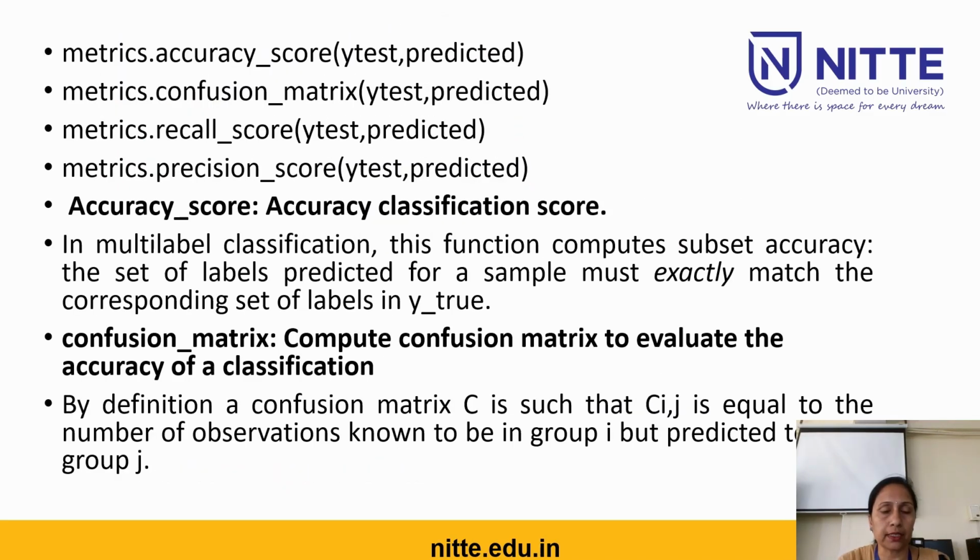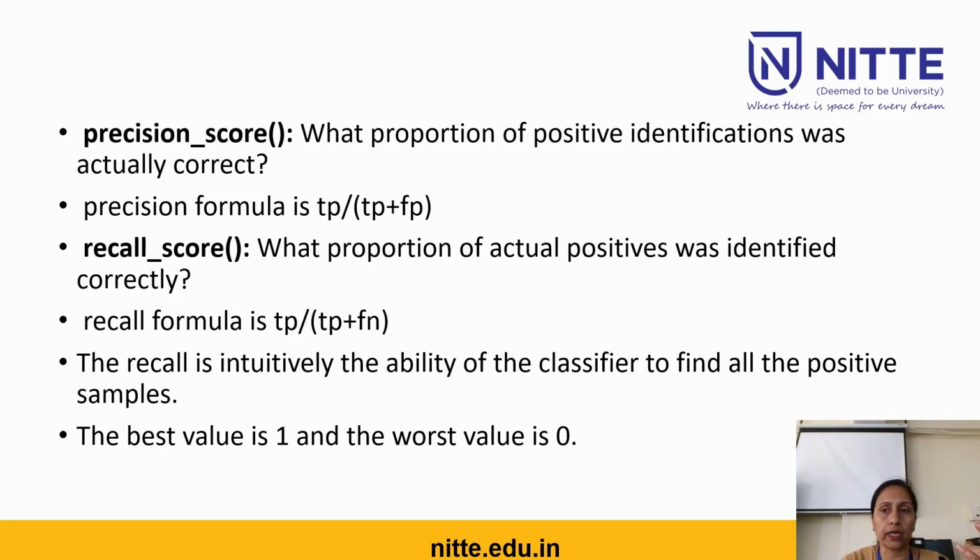And finally, it is to check the accuracy of whatever we did for the machine learning. We can use all these metrics from sklearn for calculating the accuracy, to generate the confusion matrix, and to generate the precision and recall values. We can use all these functions available in the sklearn metrics library. Yes, precision score and recall score.